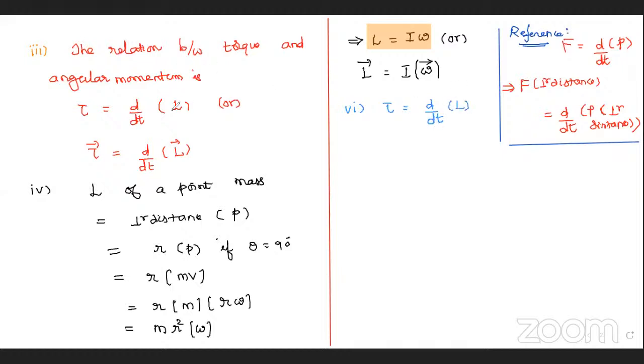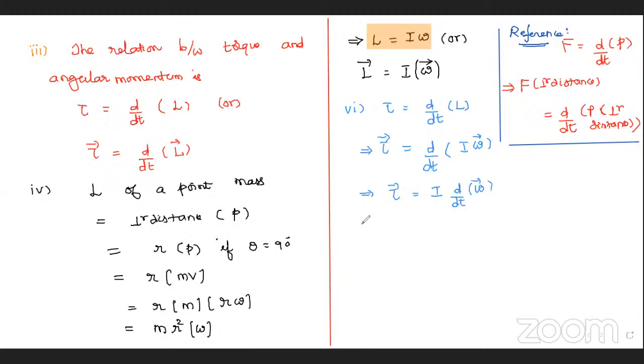Now write the new formula: d by dt of I into omega bar, so tau bar equals I, moment of inertia, into d by dt of omega.